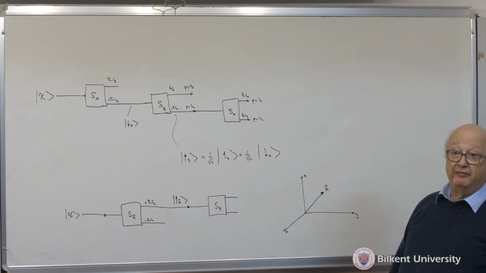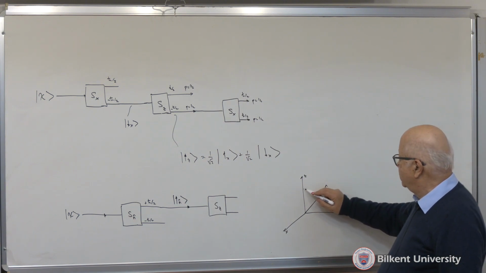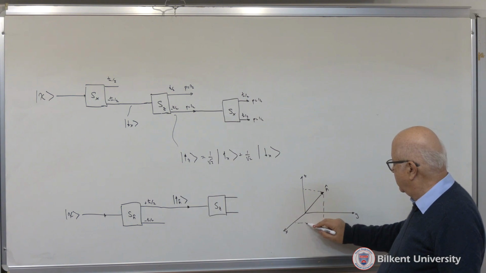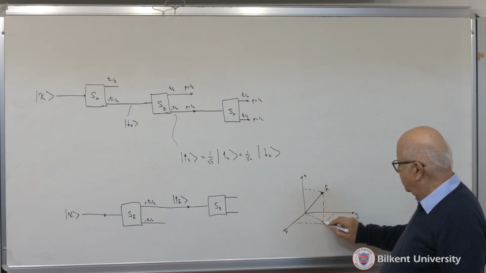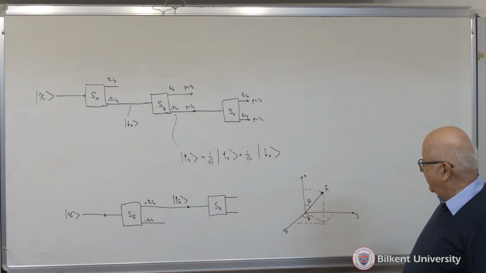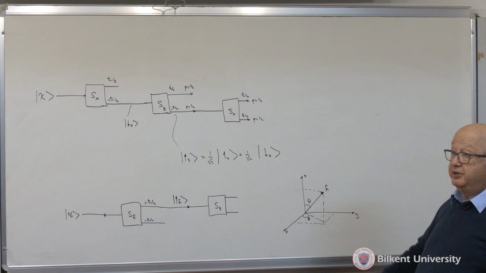So it's going to have x, y, and z components, right? So it's going to have a z component, an x component, and a y component. And it will depend on these angles. So I have this theta and phi. Theta and phi define the direction of this unit vector.